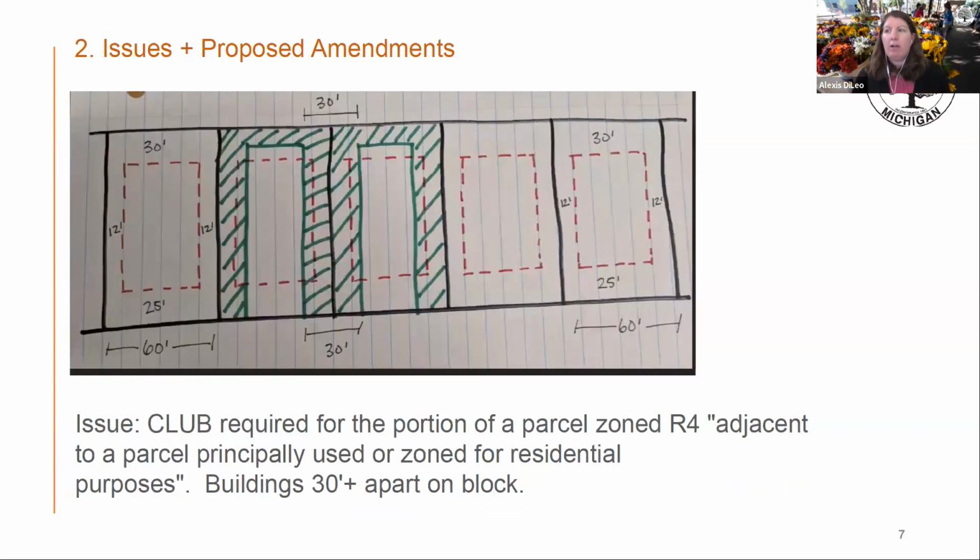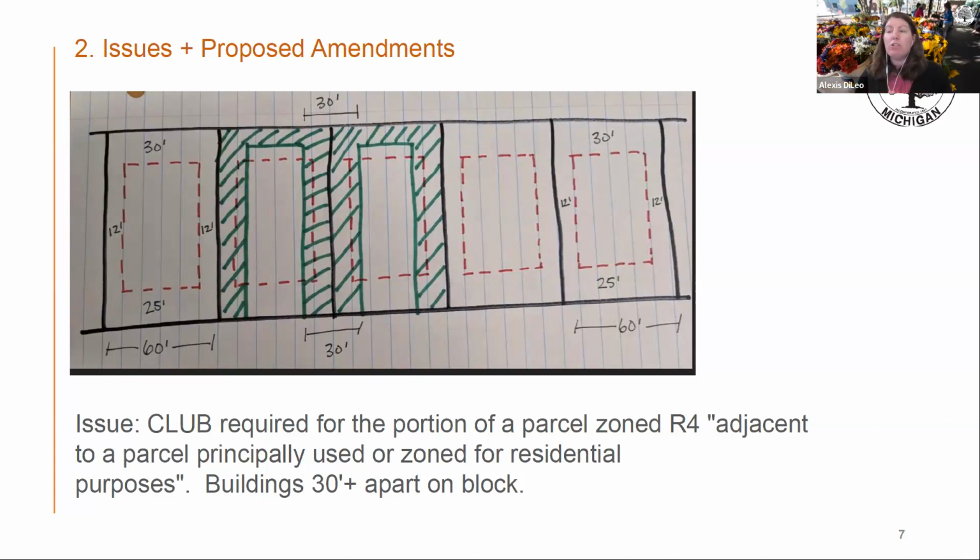With our current requirements, and again, this is citywide, this applies in any zoning district at all, but the concerns really show up and are most impactful in the R4C district, in what I'll call our urban residential neighborhoods.